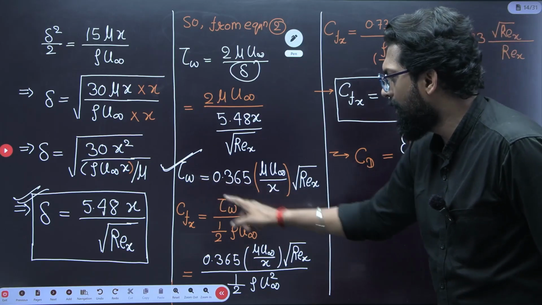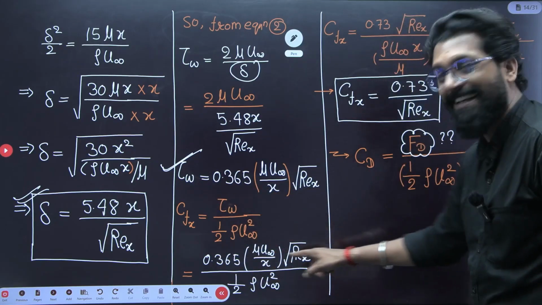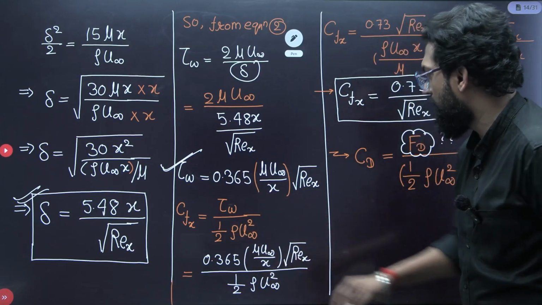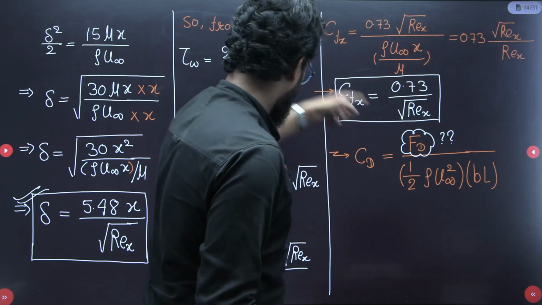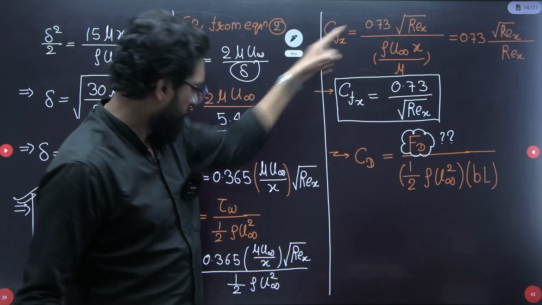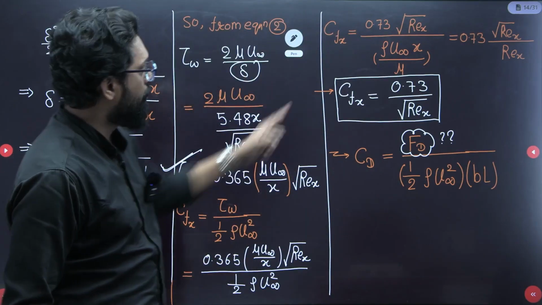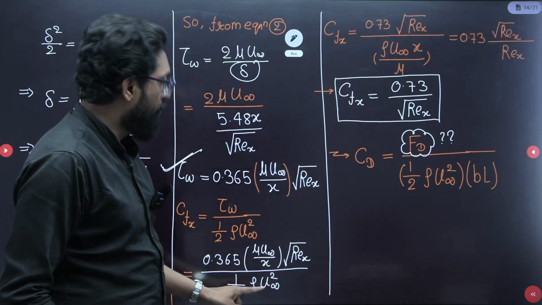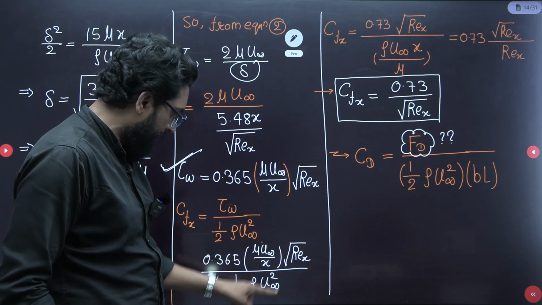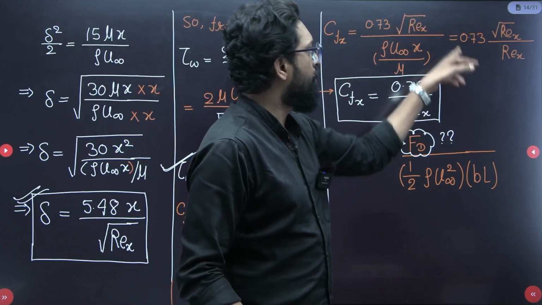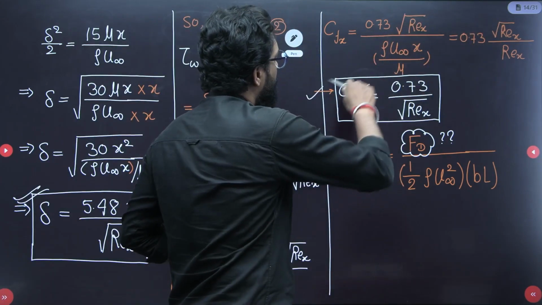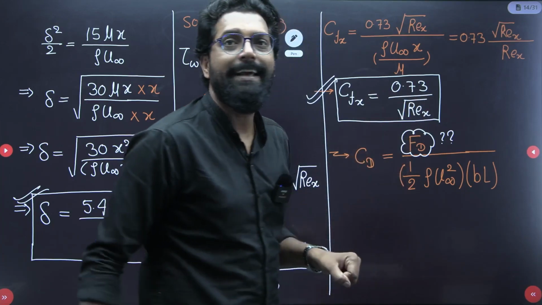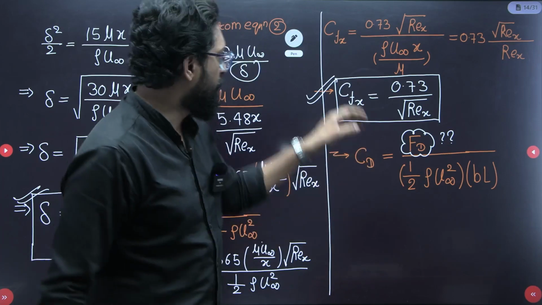You already have the wall shear stress, put this value and divide by half rho u infinite square. Now rearrange it. So what is the local skin friction coefficient? 0.735 by root of Re_x.